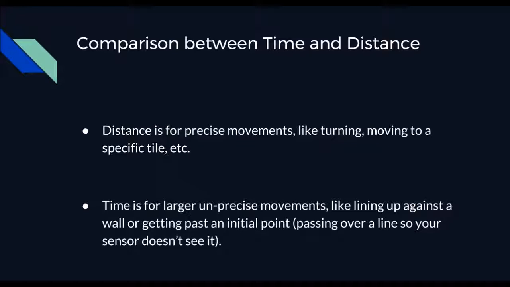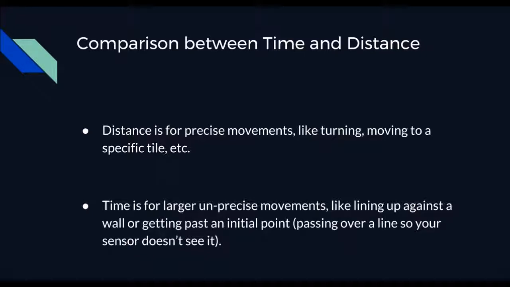The reason why this can be important is, let's say you're lining off of a wall just to get centered a little bit, and you go based off distance. If your distance isn't exactly where it needs to be going up against the wall, which generally it isn't because there's always a little bit of play, your motors are just going to sit there and stall out, and if your wheels don't spin, then you're not going to be moving any distance, which means your motors are going to be pushing, pushing, pushing, but they can't go, and then you're just stuck there.